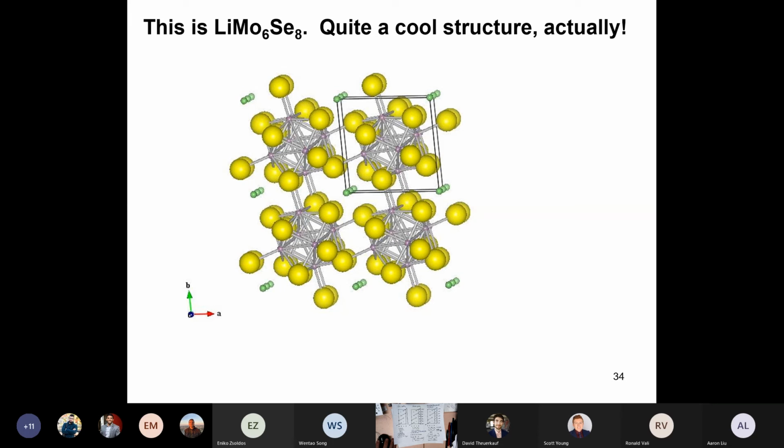And then understanding how the voltage composition curve changes in such a situation is relatively simple compared to other cases. So I wanted to just show you this structure now because we'll talk about it later in class, and it's not used commercially at all, but it's really interesting scientifically.